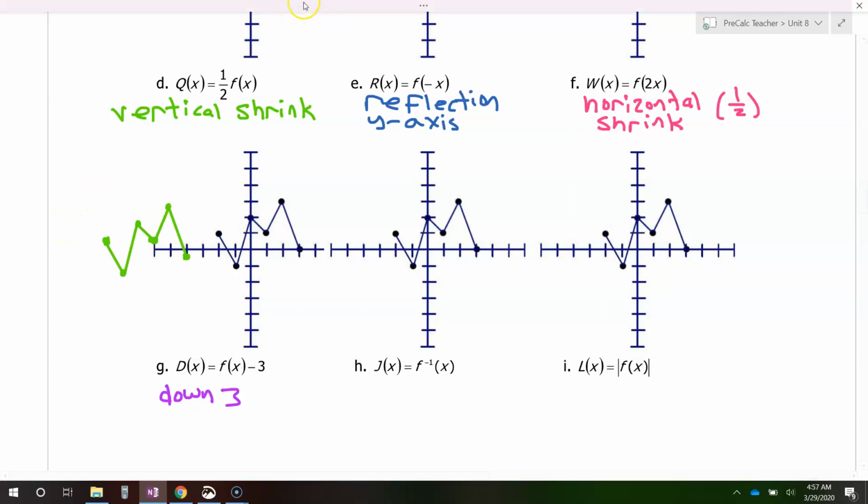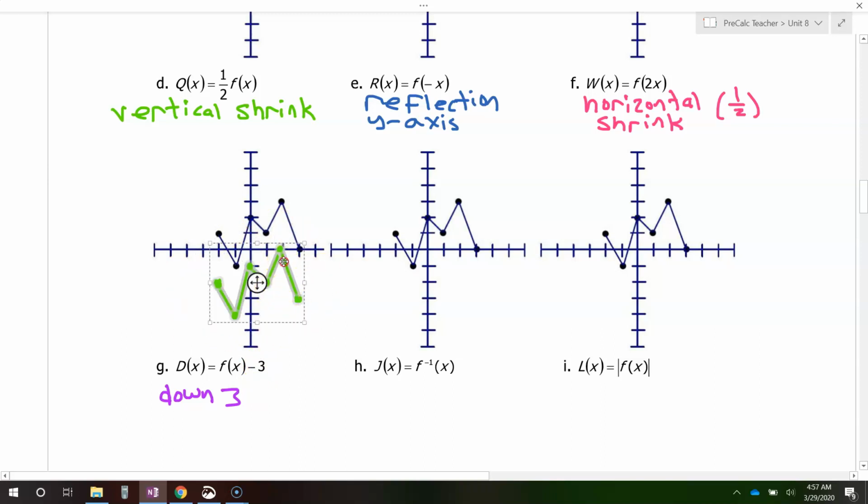Put it down here. Okay, so here it is matching up. I'm just moving the whole thing down 1, 2, 3. All right, so it should be like this. Down 3.